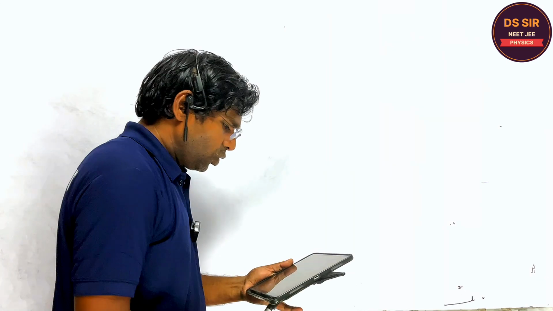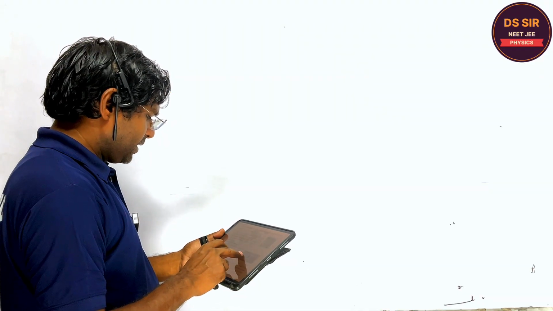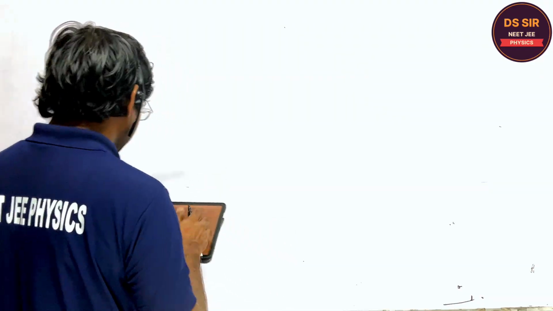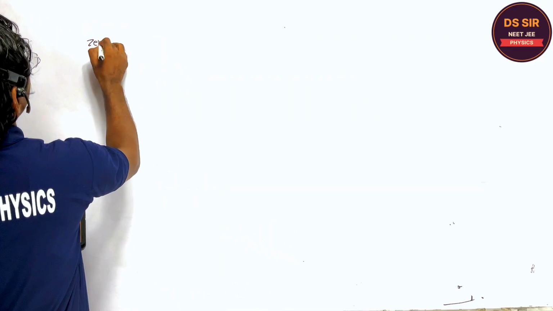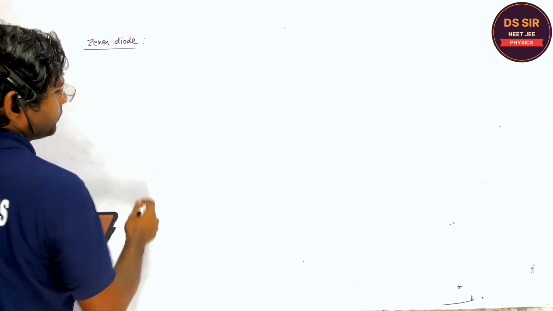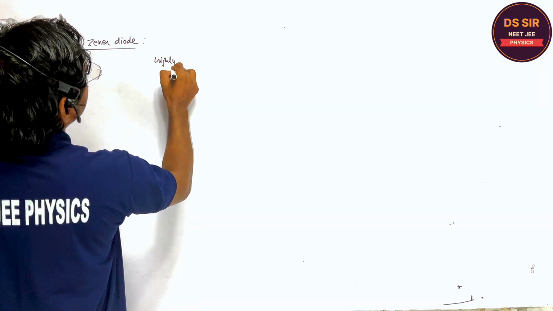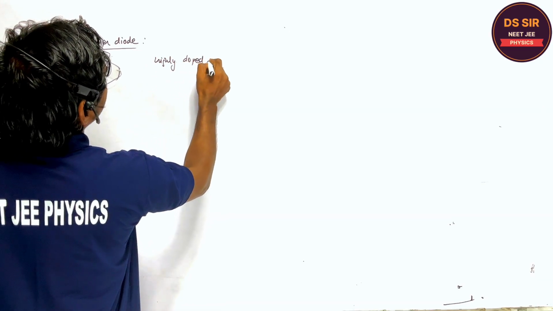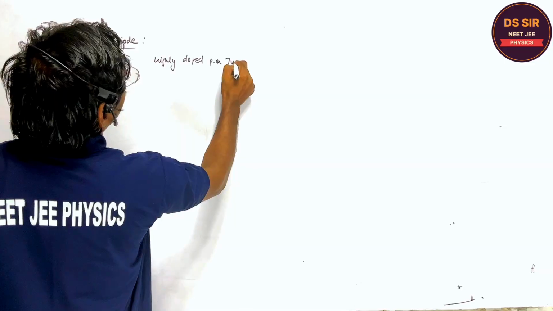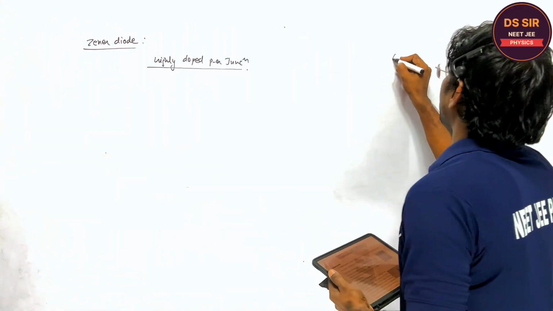Copy this. Now we can have the next topic, and this is the Zener diode. What is the Zener diode? This is a highly doped PN junction. Are you getting or not? Listen one thing.